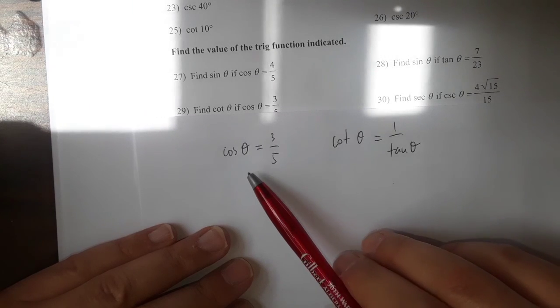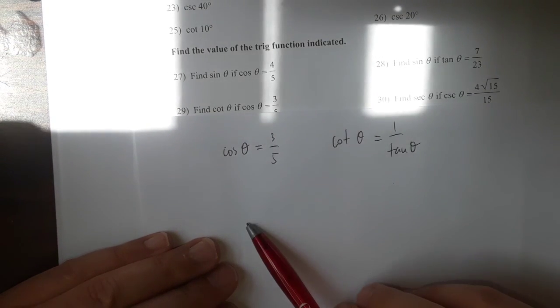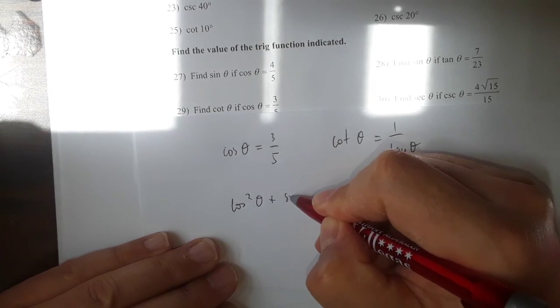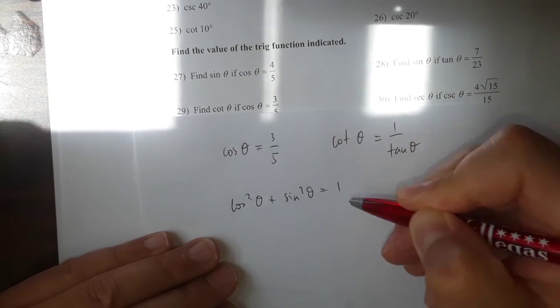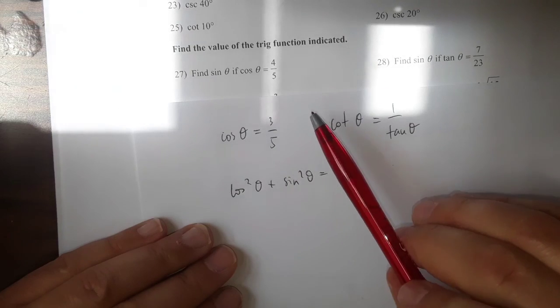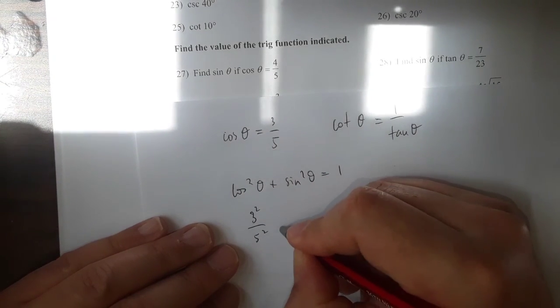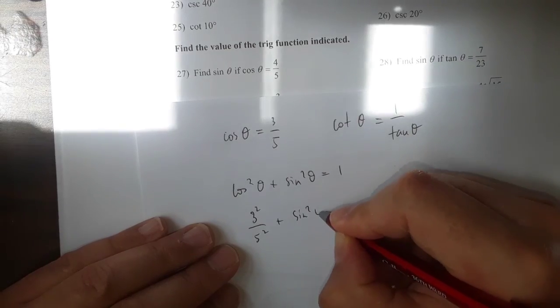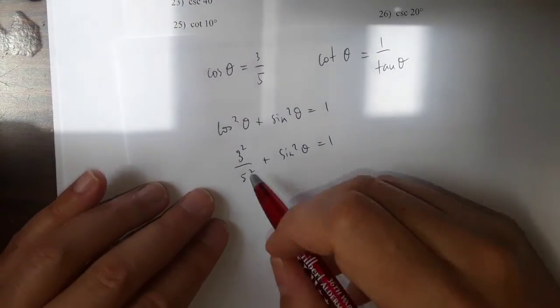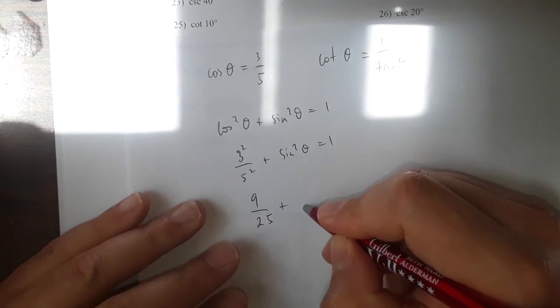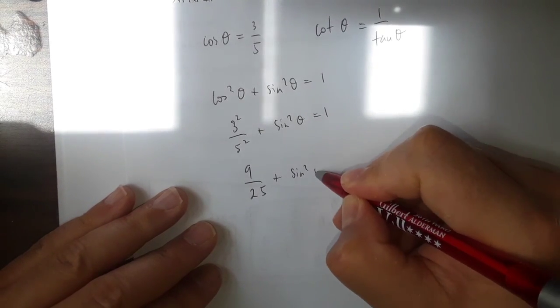If I have the cosine, I can find the sine, because cosine squared of theta plus sine squared of theta equals 1. So that's 3 squared over 5 squared plus sine squared of theta equals 1, which is 9/25 plus sine squared of theta equals 1.